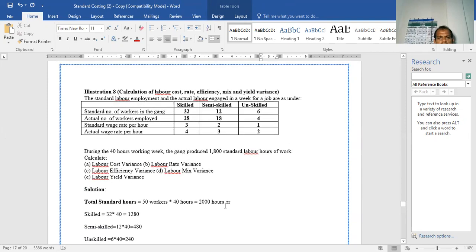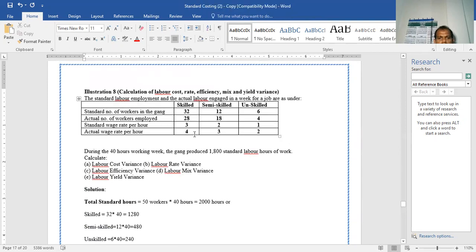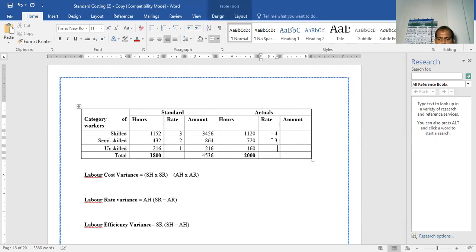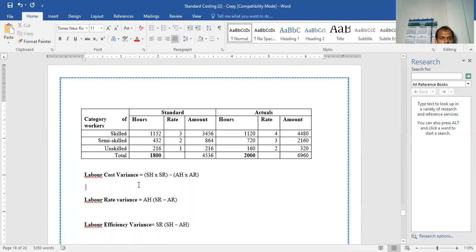Actual rate: 4, 3, 2. Actual labor cost: 4480, 2160, 320. Total actual labor cost 6960.